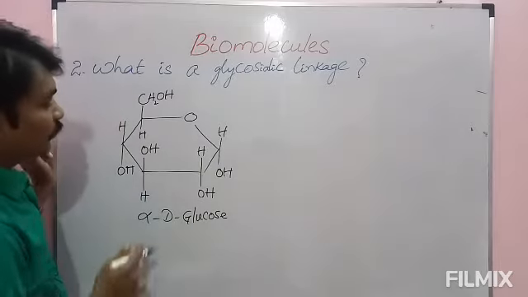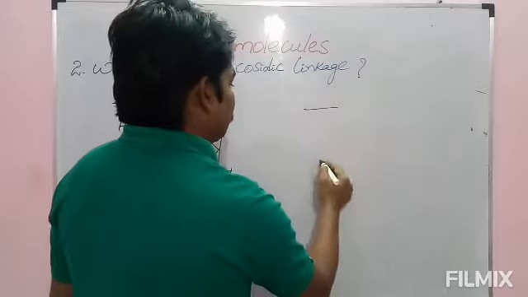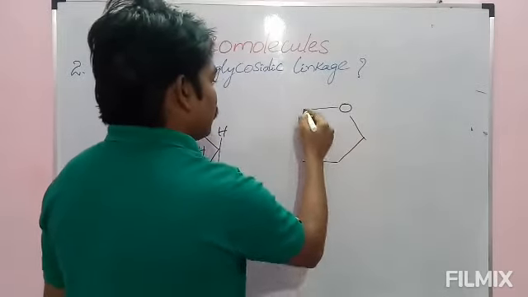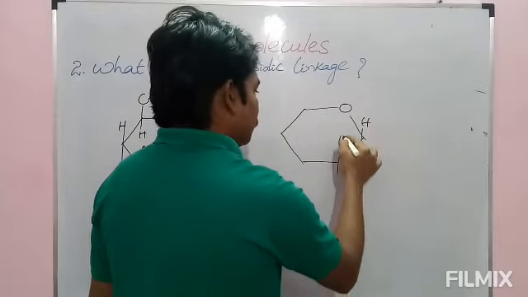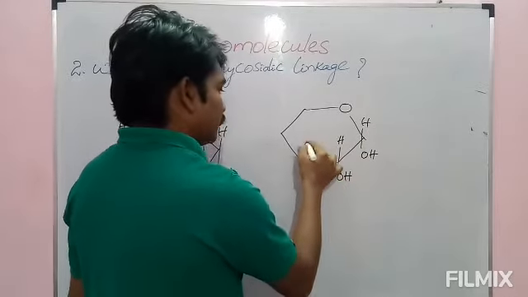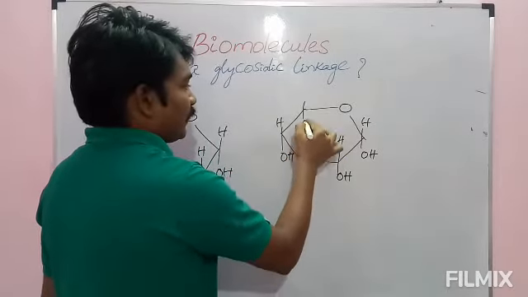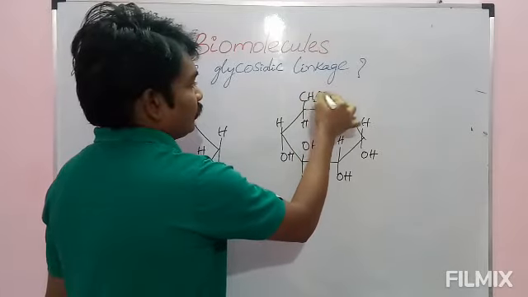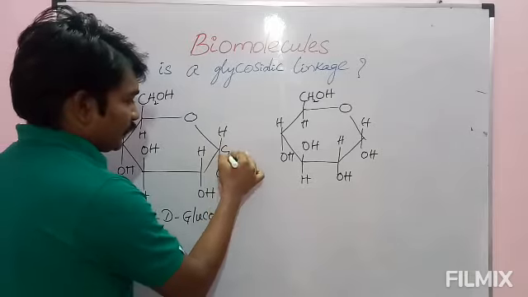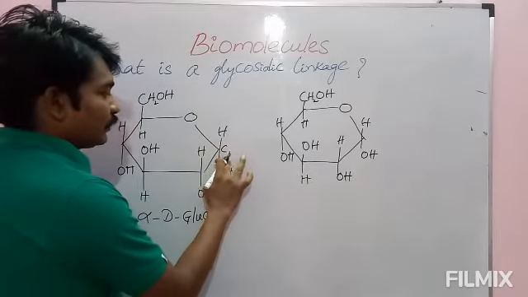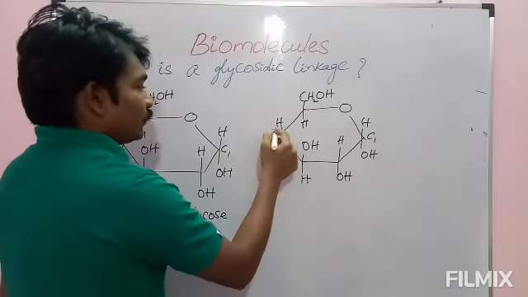If two molecules of alpha D-glucose are taken side by side, I am writing one more molecule here: HOH, OHH, HOH, CH2OH. This is the first carbon, and here also this is the first carbon. 1, 2, 3, 4, fourth carbon.